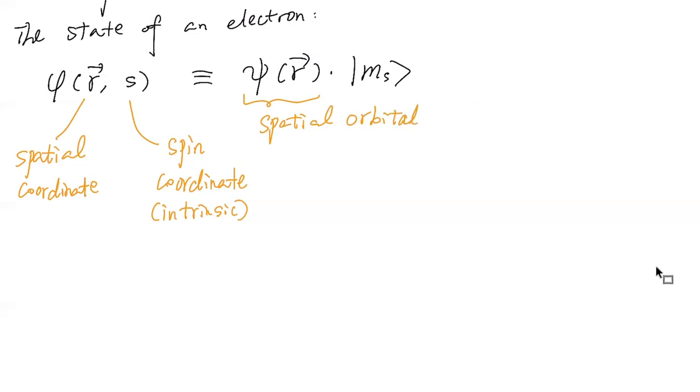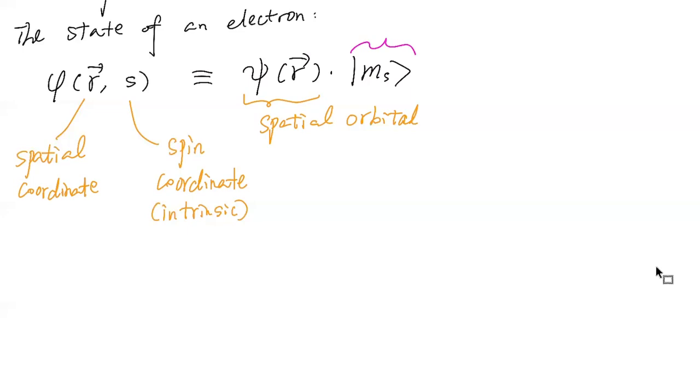That is the spatial function of the electron. It only depends on x, y, z, the spatial coordinate of an electron. And this ms, actually, it should be s, ms, in which s is the spin quantum number.